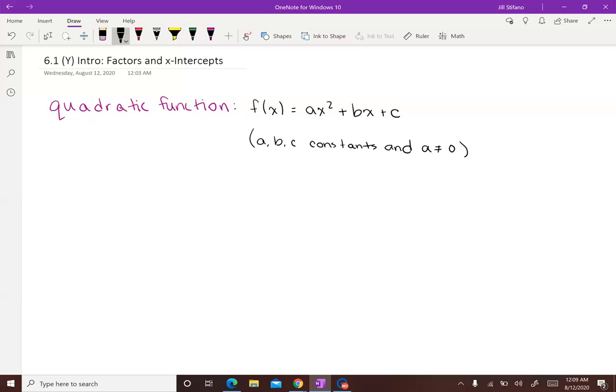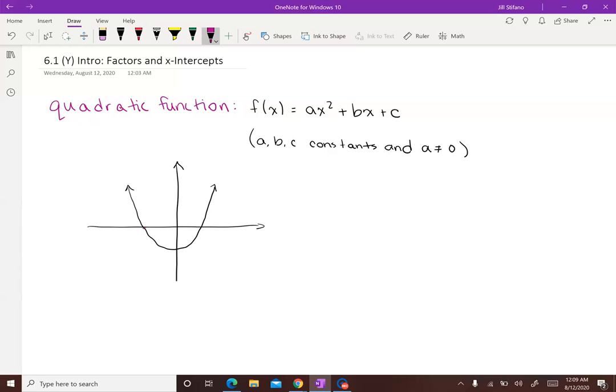The graph of a quadratic function is always a parabola of some sort. So one example might look something like this. It's always a parabola. And when we're working with parabolas, x-intercepts are very important.